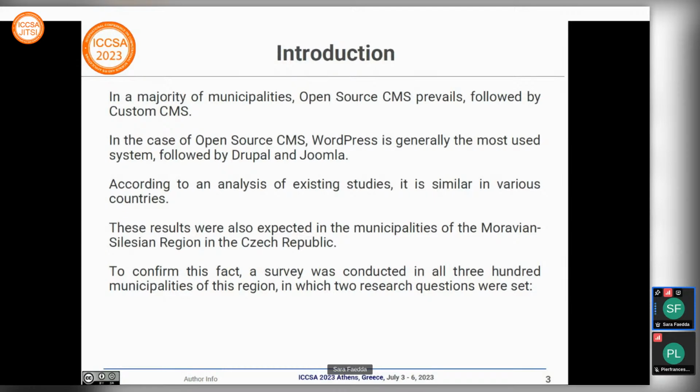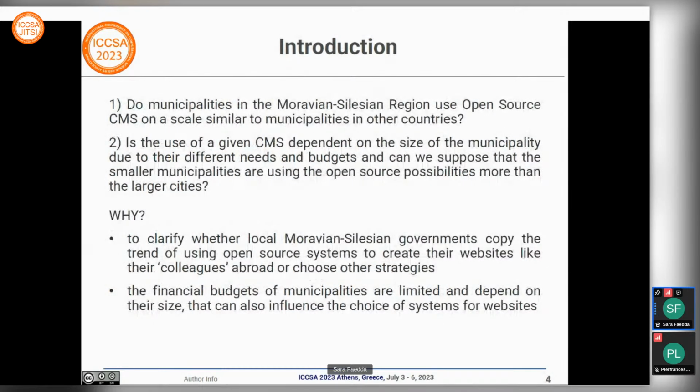And we wanted to know if it is true in our region as well. So that's why we posed two questions. The first one was whether our municipalities use so-called open source CMS, meaning WordPress or Drupal, and whether this use is dependent on the size of municipalities.